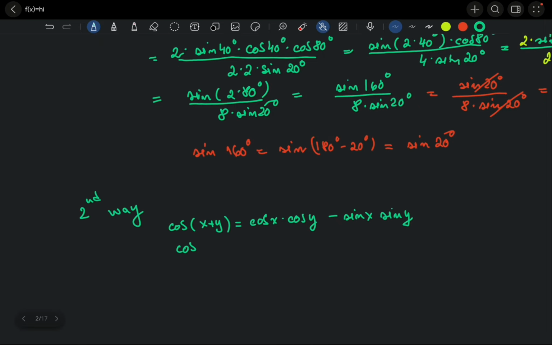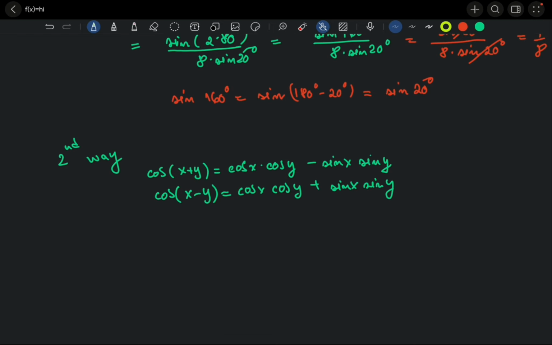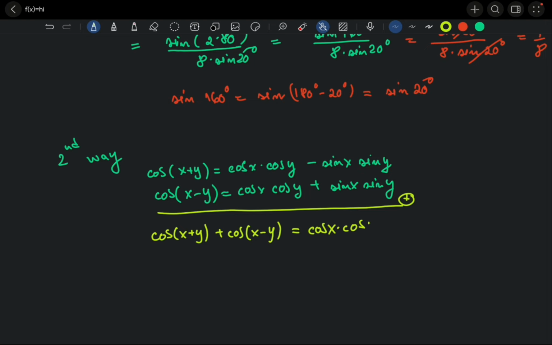Now cosine of x minus y will be equal to cosine x cosine y plus sine x sine y. By adding both expressions together, we get that cosine of x plus y plus cosine of x minus y will be equal to 2 times cosine of x times cosine of y. The terms with sines cancel out.